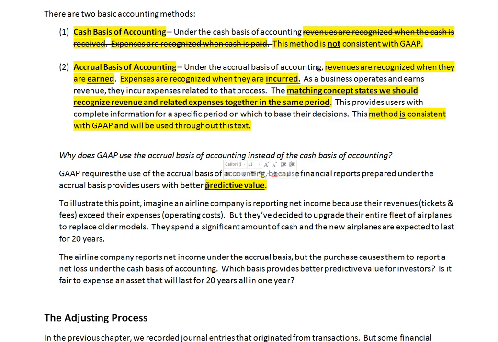So they want information that allows them to better predict the future. And accrual basis is going to give them better information that allows them to predict the future better than the cash basis of accounting. But this is more of an intermediate accounting concept. But predictive value is definitely the reason why GAAP prefers accrual basis and not cash basis of accounting.